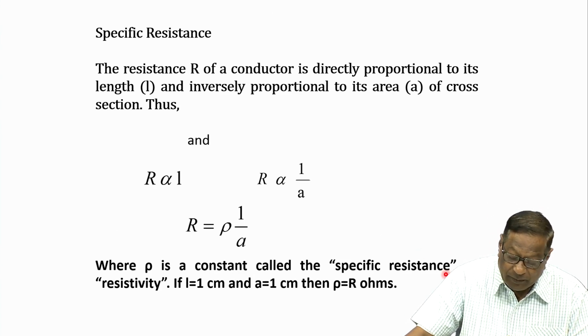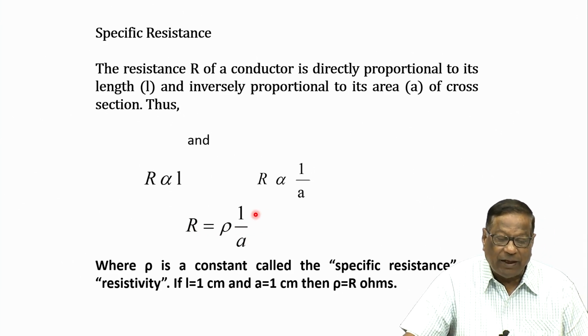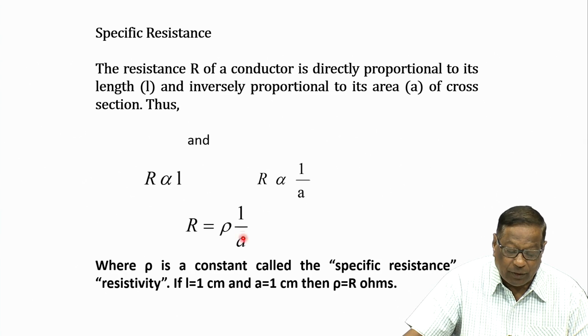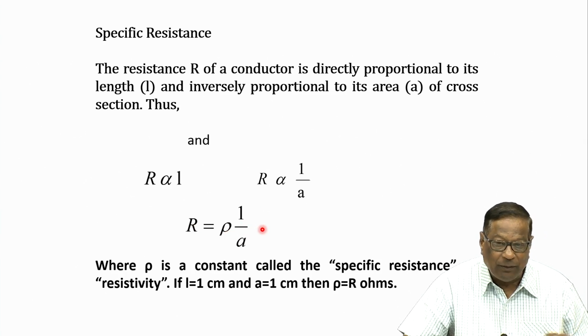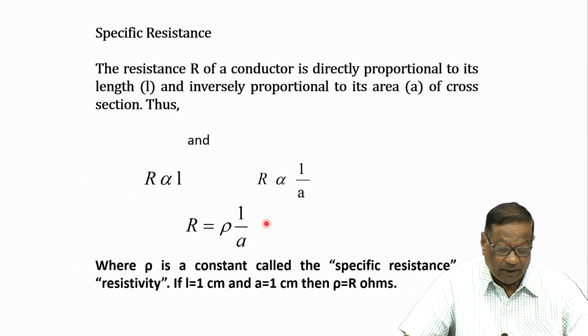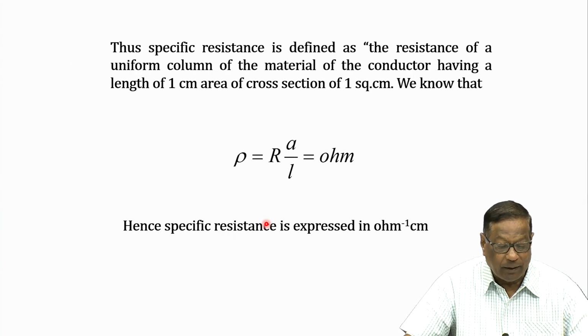Specific resistance is also called resistivity. If length is 1 centimeter and area is 1 square centimeter, then with both the numerator and the denominator being 1, R should be equal to rho.